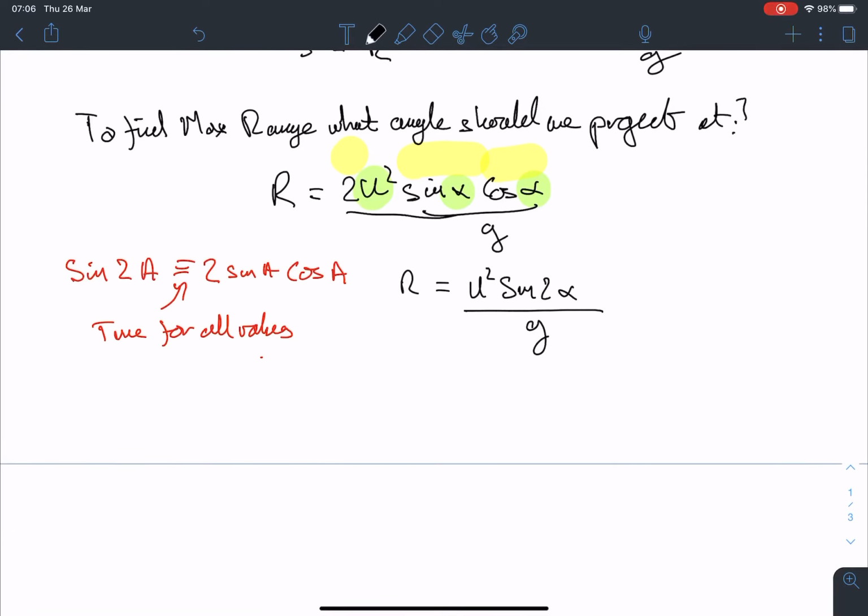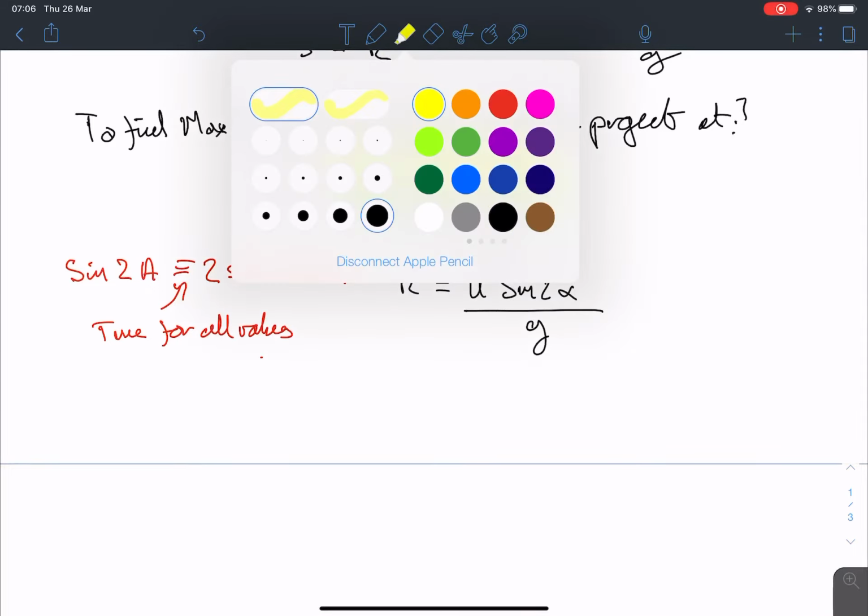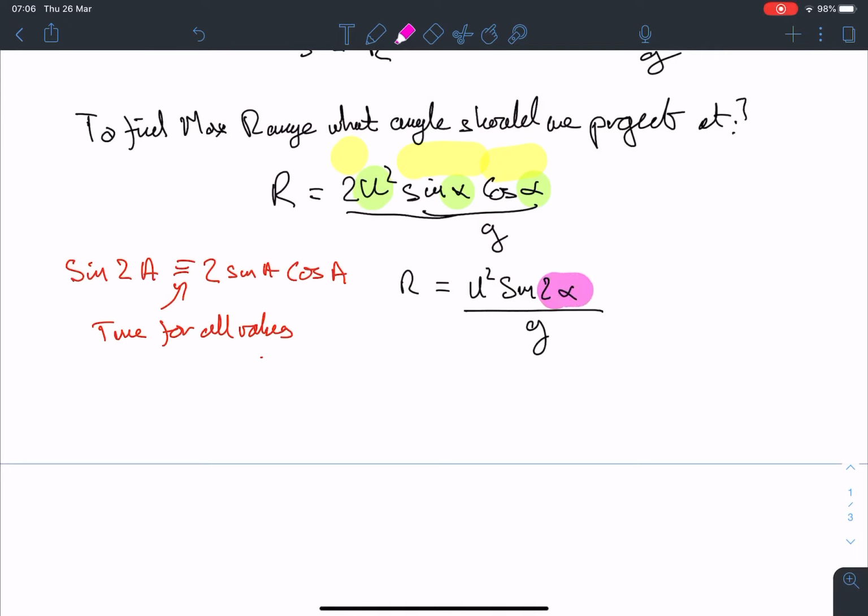Okay, now, again, if we want the max range, we need sine 2 alpha then to be as big as possible. Yeah, so this needs to be as large as possible. So, hang on, it's that bit, sine 2 alpha, needs to be as large as possible.